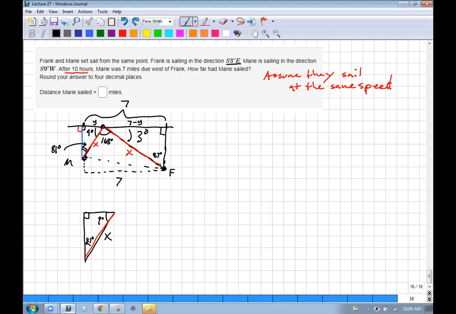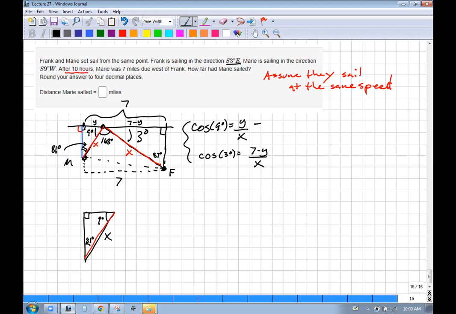I could say cosine of 9 is adjacent over hypotenuse. And then for the triangle on the right, with x as the hypotenuse, I could say cosine of 3 degrees is adjacent over hypotenuse. So now we have two equations with two unknowns, and we can solve for x, right?